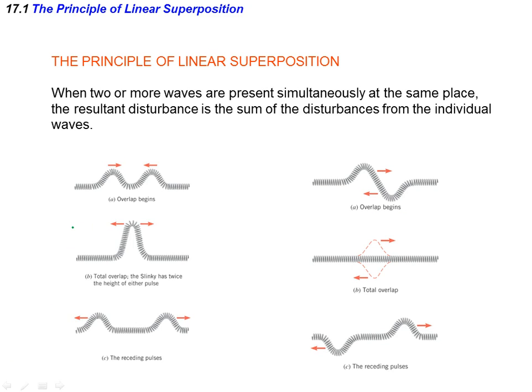And so the principle of linear superposition states that when two or more waves are present simultaneously at the same place, the resultant disturbance is the sum of the disturbances from the individual waves. And so that's where we get this possibility for constructive or destructive interference. We add their amplitudes together because they're two waves that are trying to occupy the same part of space.